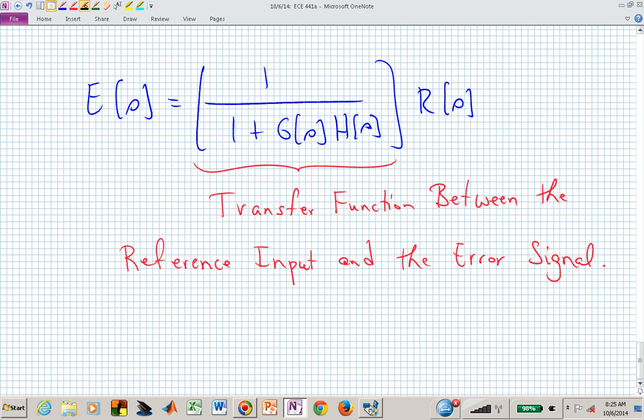And that may be a transfer function that we are interested in. We may want that error signal to go to 0 for various reference input signals, R of S.